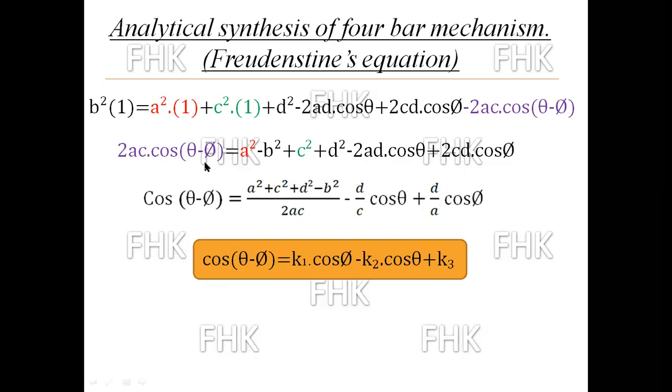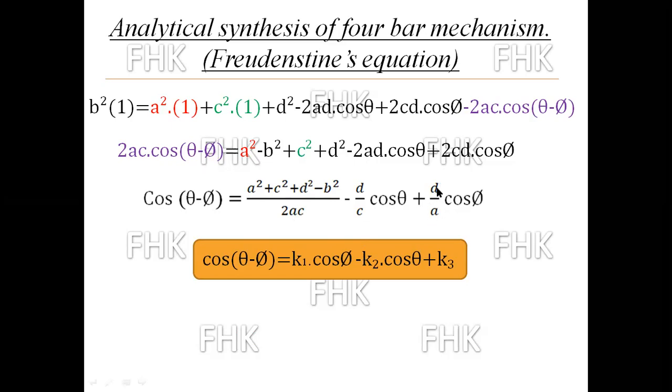Now in cos theta minus phi, this d, a, c, and this a, b, c, d, these are all the lengths of linkages. The lengths of linkages do not go on changing, so they become fixed parameters, so they are constant.